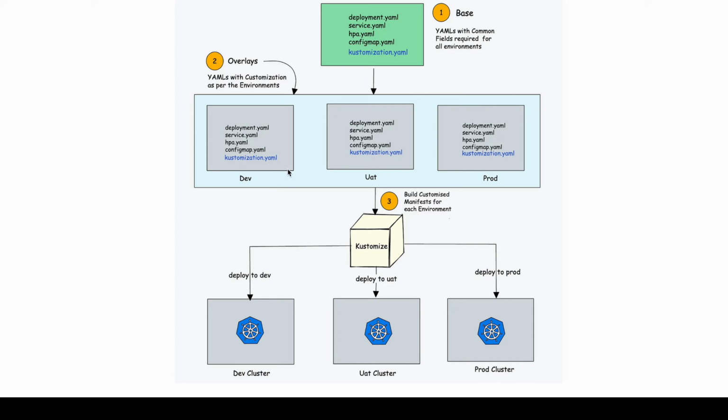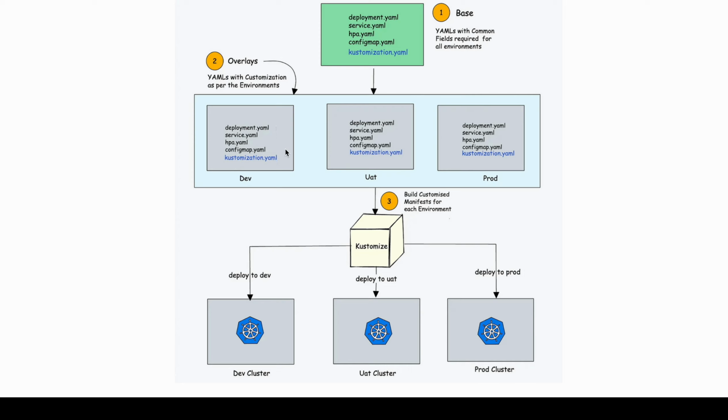So in each environment, we are deploying the same YAML manifest file which we have already created in base, but each of these YAML manifest files has some customization specific to its environment. Those specifications we have to clarify or mention inside this customization.yaml, which we have created in each of the clusters here.